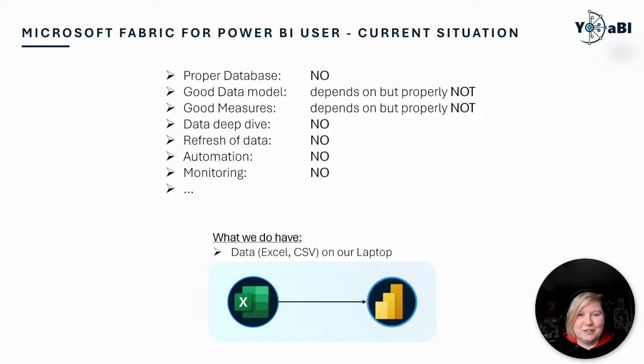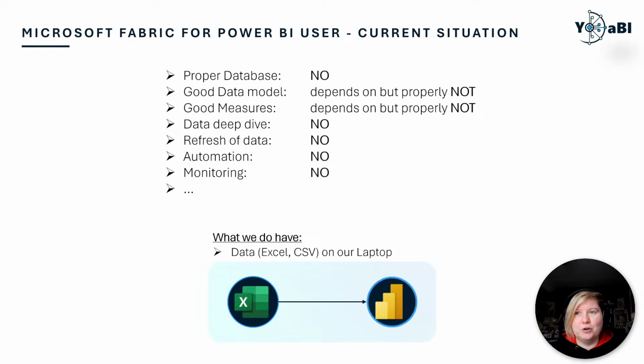The next thing, automation. Normally, it's also not automated, so the data is pushed in manually, or the trigger which shows you if your data is increasing or decreasing is also a manual task, not automated, and so on. And last but not least, so there are more, but in this case, monitoring.